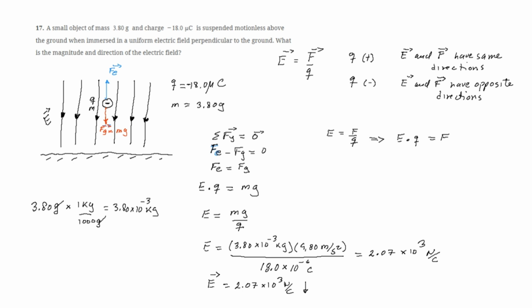So this should be in this case just downwards. So this is just the magnitude and direction of the electric field.